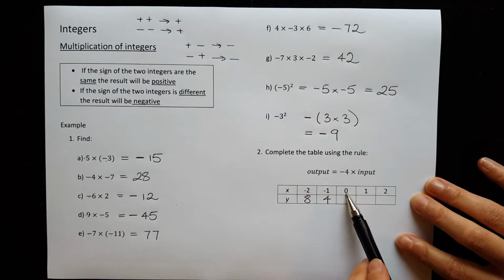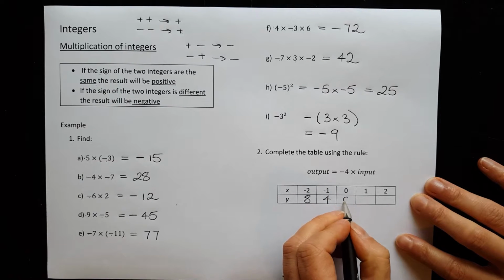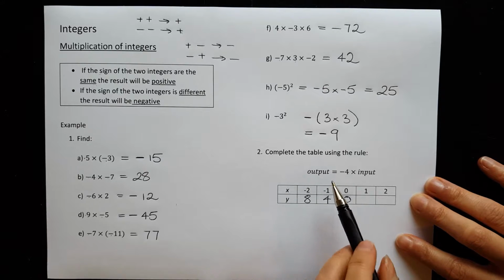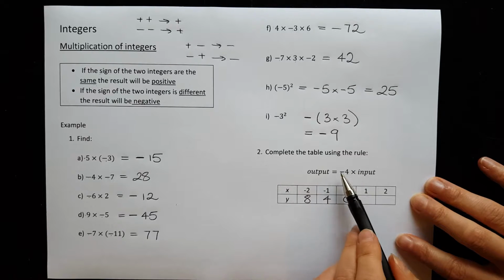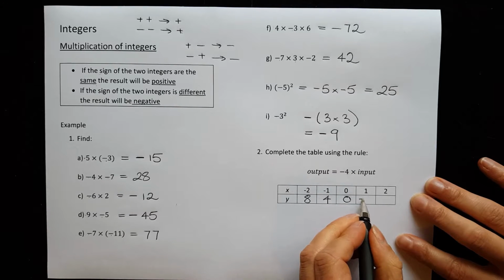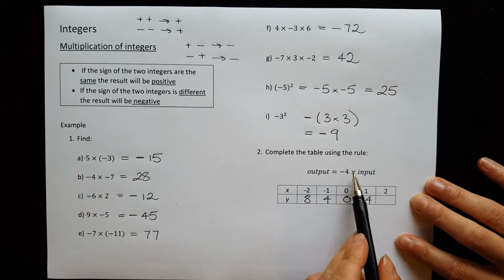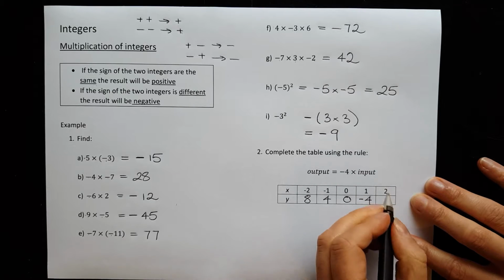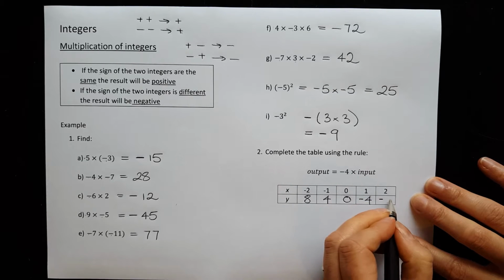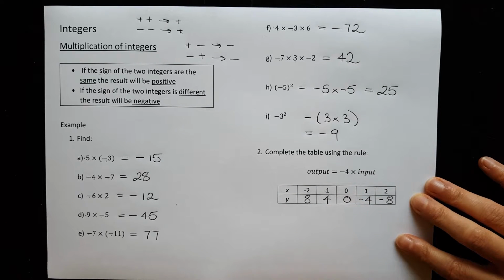Minus 4 times 0. Anything times by 0 is always 0. Minus 4 times 1. A negative and a positive makes a negative. 4 times 1 is 4. And minus 4 times 2. Negative and positive makes negative. 4 times 2 is 8.